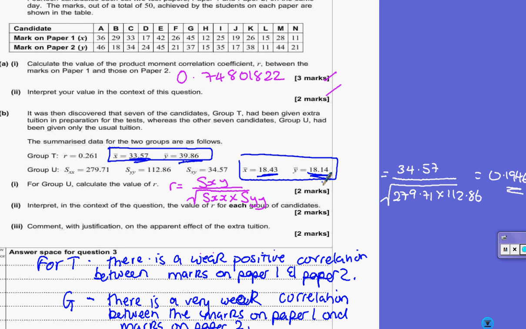Okay, so that's the sentence we're looking for. The mean of X on paper 1 is higher in group T than it is in group U, and the mean of Y is higher in group T than it is in group U, which basically gives you the conclusion that the extra tuition seems to lead to better performance on both papers. Okay, that is what you're looking for. And that's it.